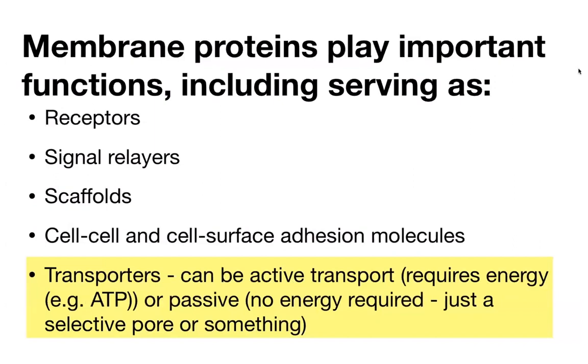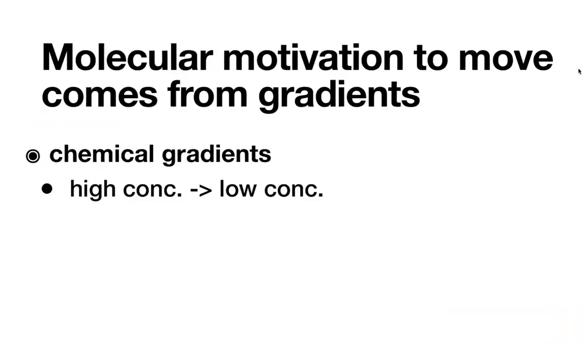This help can be in the form of what we call active transport, where it requires energy such as ATP, or the coupling to a favorable transport, or it could be passive, no energy required, just a selective pore or something, or even just simple diffusion. And things like this can actually provide energy for our active transport, which is what we call secondary active transport. And we'll get into all of these concepts.